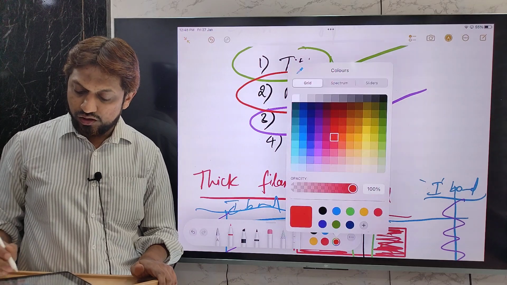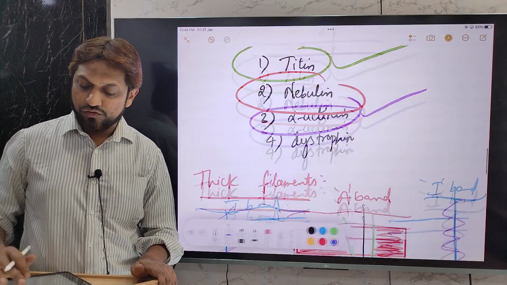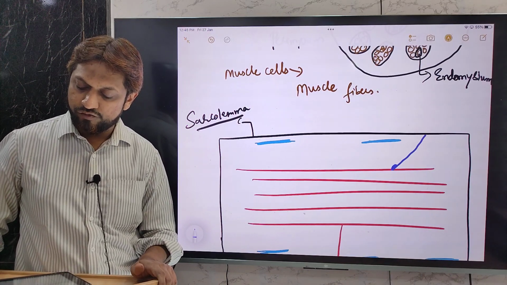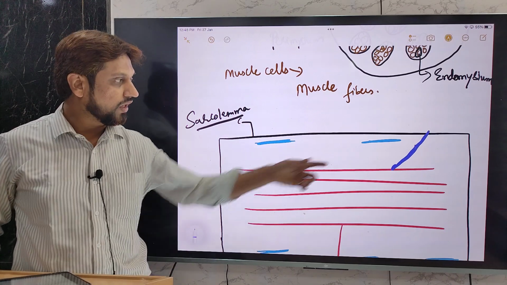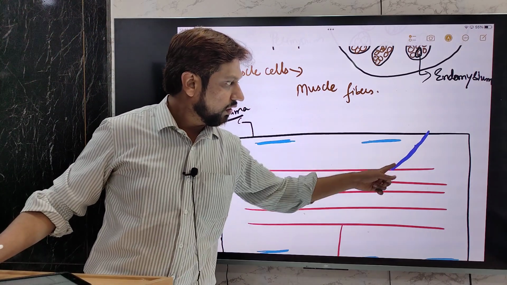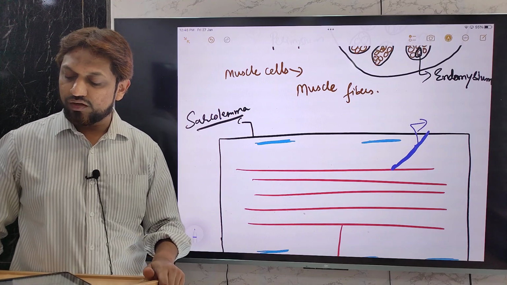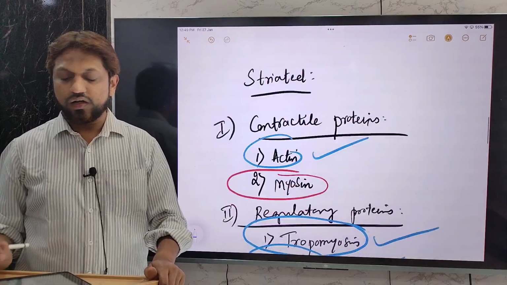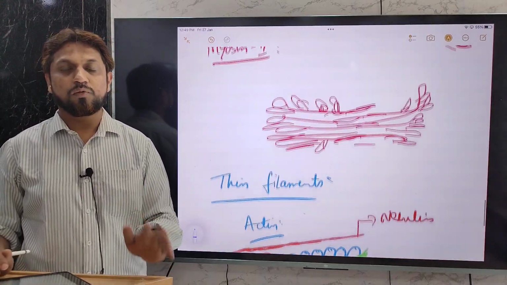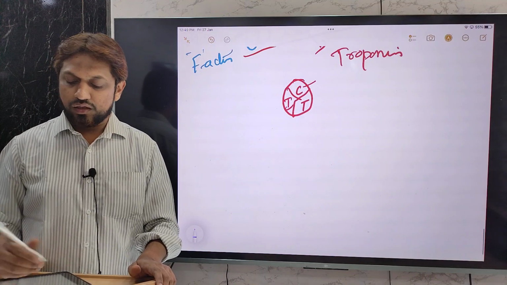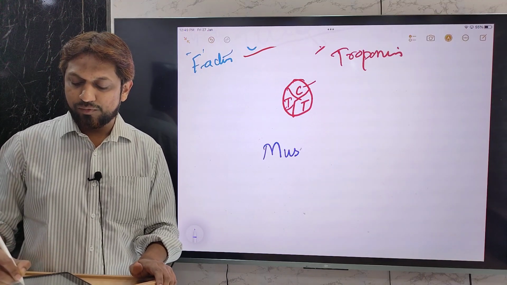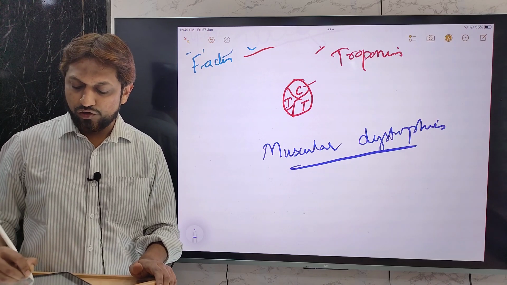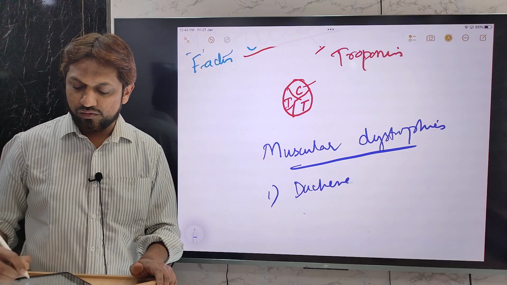This dystrophin molecule connects the myofilaments or myofibrils to the outer covering, the sarcolemma. There is a clinical significance of dystrophin. Whenever this protein is not properly formed or is absent, it leads to conditions known as muscular dystrophies, for example Duchenne muscular dystrophy and Becker muscular dystrophy.